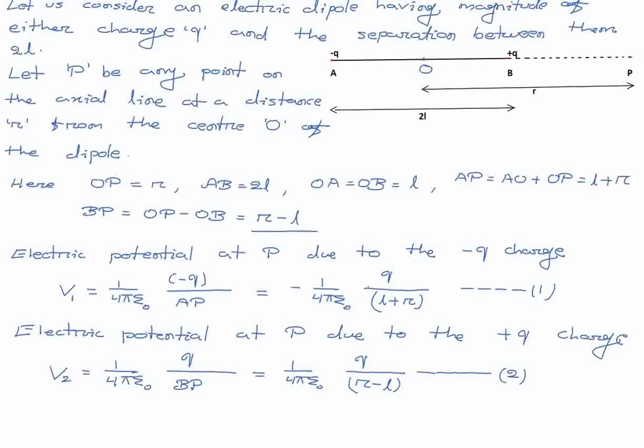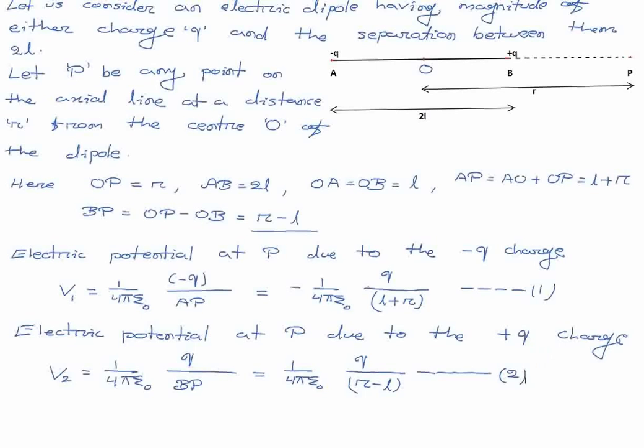As electric potential is a scalar quantity, the net electric potential at P due to the plus Q charge and minus Q charge is the algebraic addition of these two potentials.